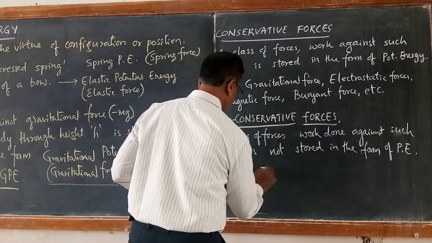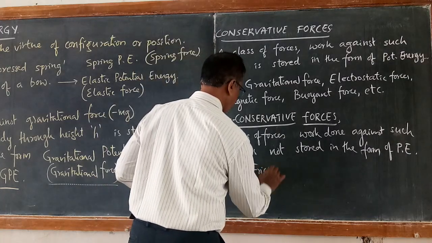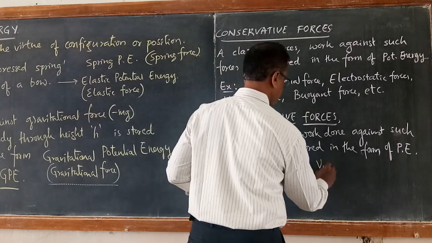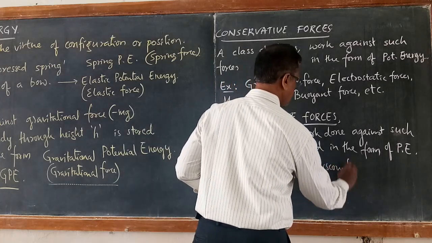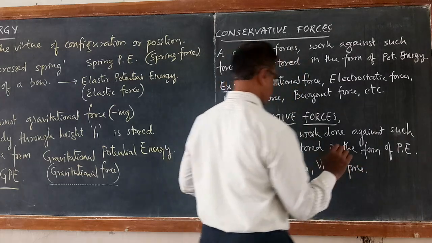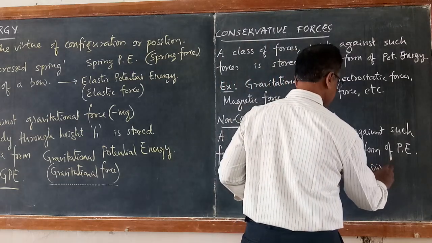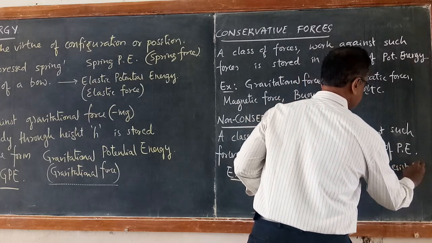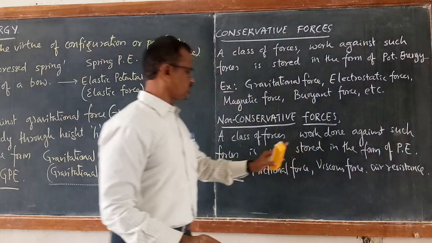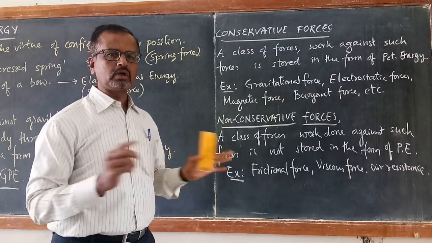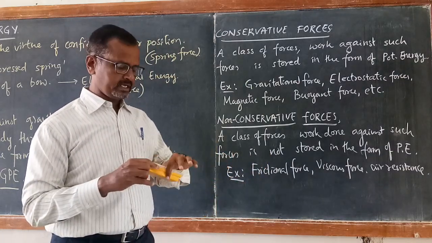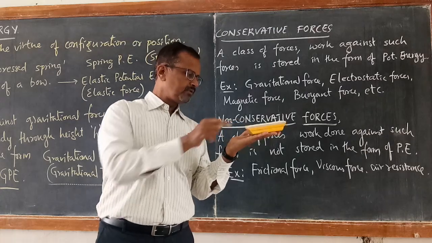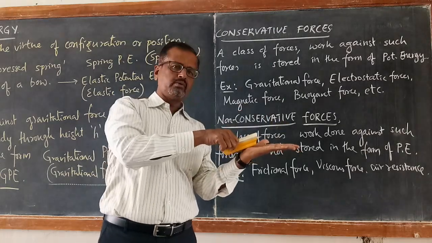So frictional force, viscous force and air resistance are this class of forces. Work done against such a class of forces is not stored in the form of potential energy. As I gave you the example, if I move this duster from one end to another end, if I want to bring it back, again I have to do work.